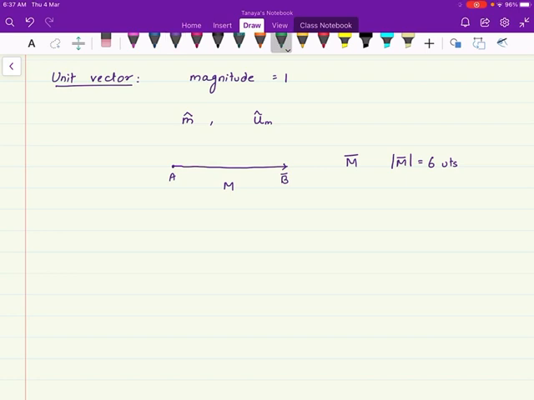So the unit vector I will draw like this. Just a small vector in the same direction, but the magnitude is 1. So I will write it as m cap. The magnitude of m cap will be how much? 1. Because that is what a unit vector is. A unit vector has a magnitude of 1.